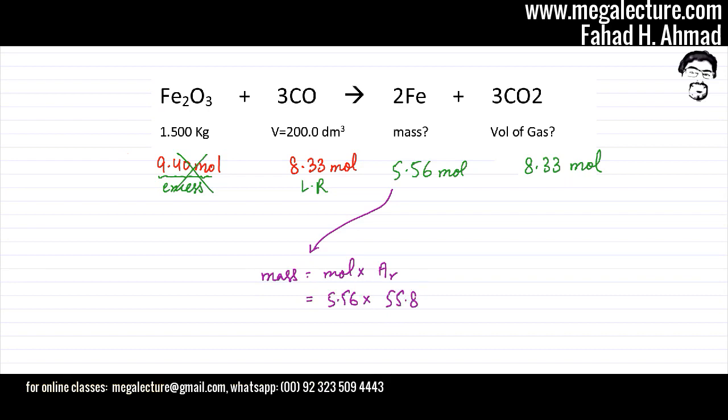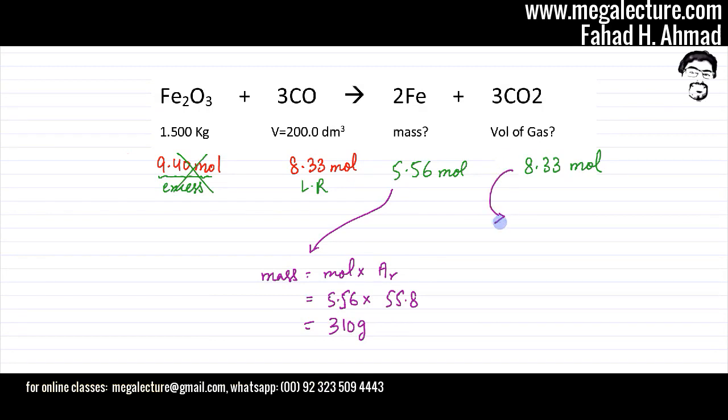Remember not to use this rounded value, but instead the 5.55 with a recurring 5 in your calculation. On my calculator I get 310 grams, accurate up to 3 significant figures because both my values are accurate up to 3 significant figures.